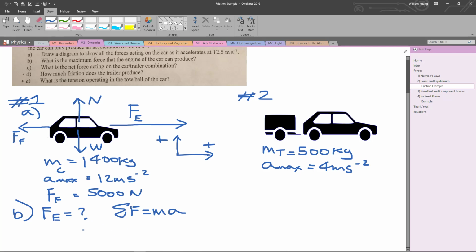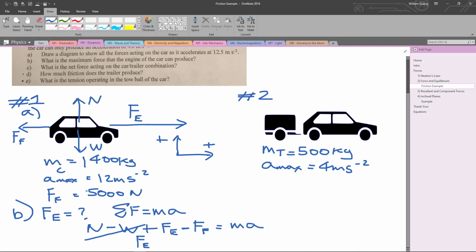So realistically, you can say N minus W plus FE minus F equals mass times acceleration. Because we said N and W are equal but opposite, these two cancel out. Now, FE is unknown.